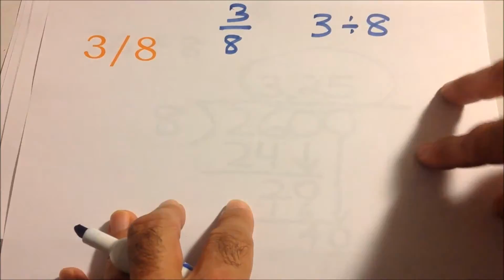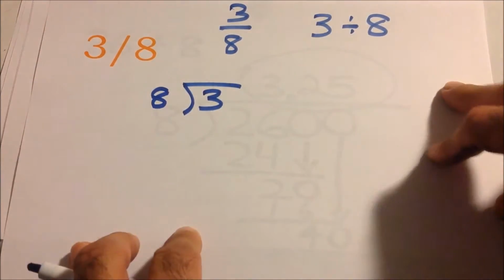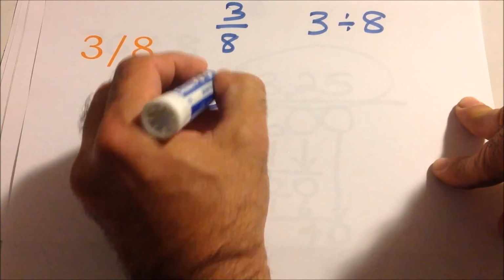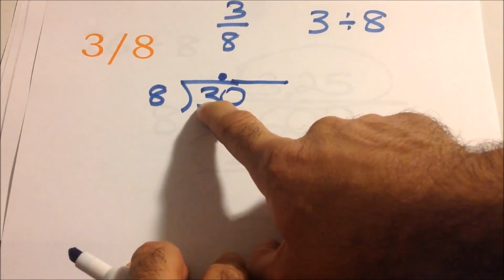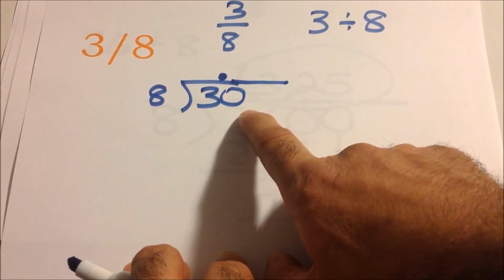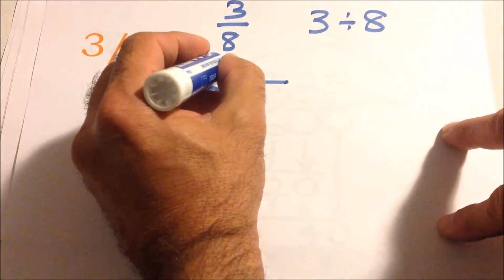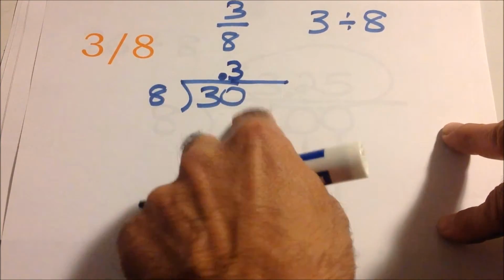It's 3 divided by 8, so 3 goes in the box. Right? 8 doesn't go into 3, so we're going to put a dot, 0, extend right away, because 8 doesn't go into 3. But it goes into 30. How many times do you think 8 goes into 30? 3 times. Now put it here on top of the 30. Don't put it by the 3 because it doesn't go into 3.